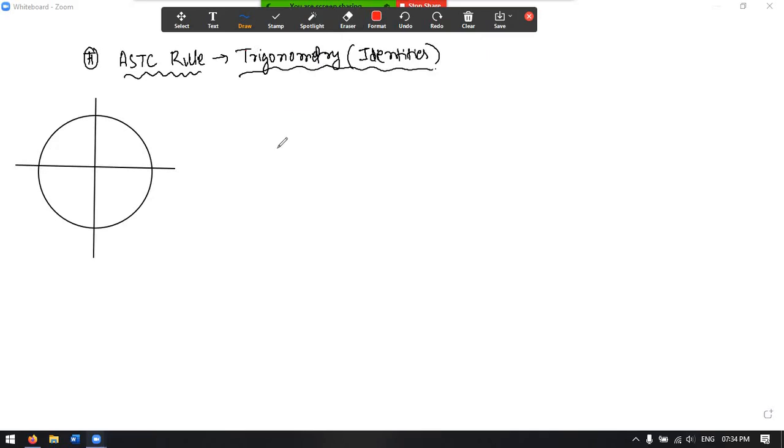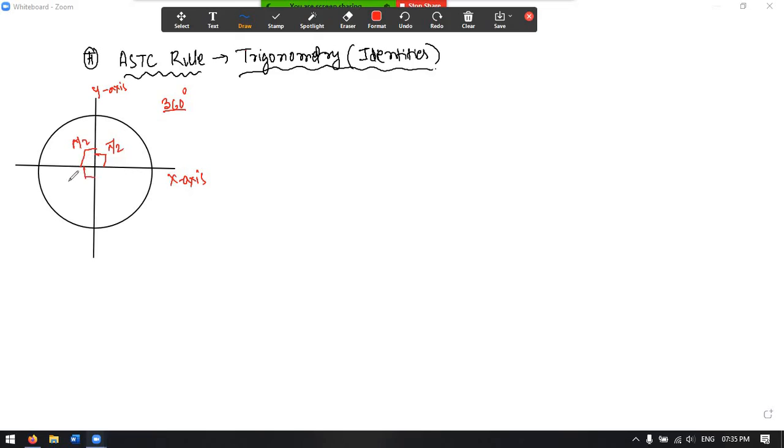Let's say this is a circle, and we know the whole angle of a circle is 360 degrees. This is our x-axis and this is our y-axis. As I have drawn the axes, this will be 90 degrees, this will also be 90 degrees, and this is also 90 degrees.